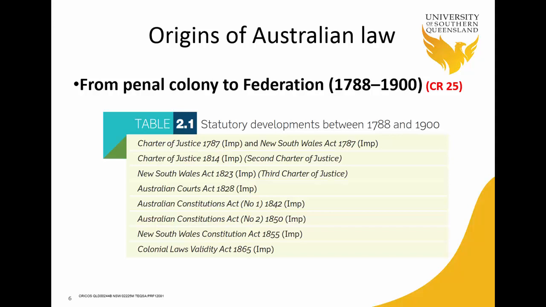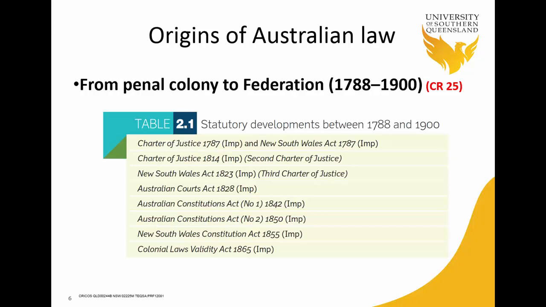Well, we mean that there were no democratic institutions such as parliaments. Okay, so the decisions were all made by the governor. There was no representative government nor responsible government, and we'll talk about these other principles or doctrines in a minute.